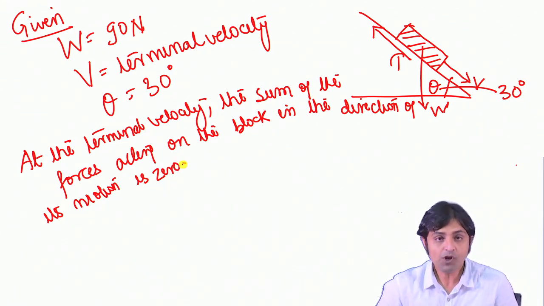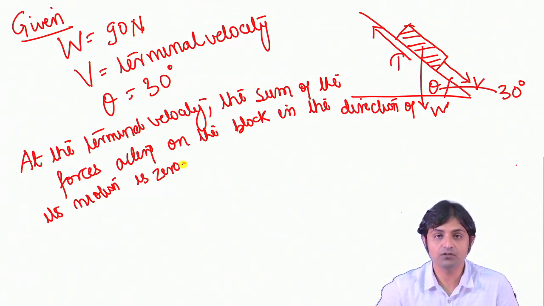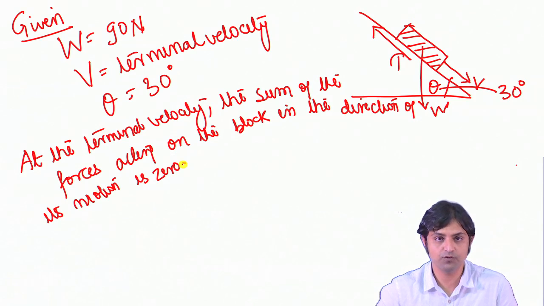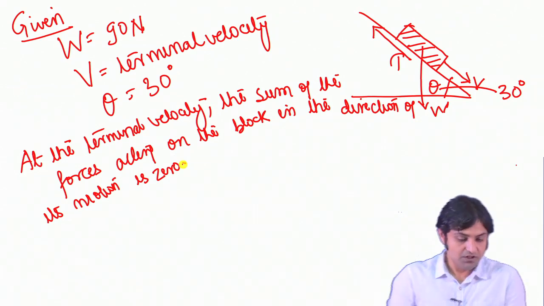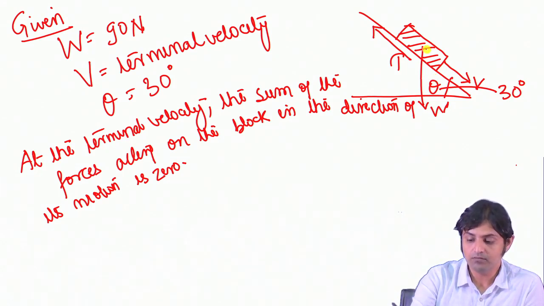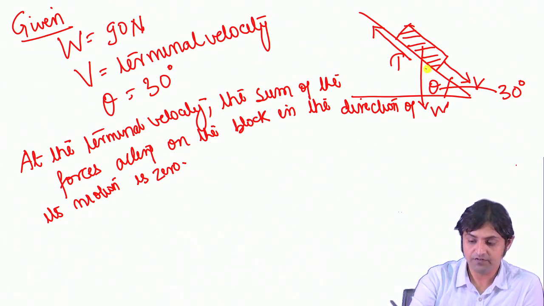So what happens at the phenomenon called terminal velocity? If the net force acting on the block is 0, then only there will be a terminal velocity, otherwise the block will accelerate or decelerate depending upon in which direction the force is larger. So if we write down the force balance equation, we can see the weight is acting downwards, right?